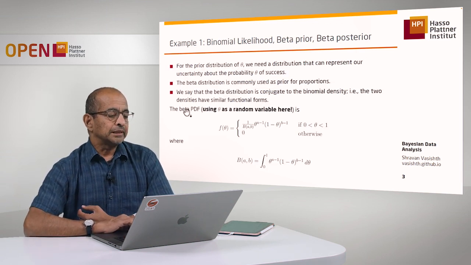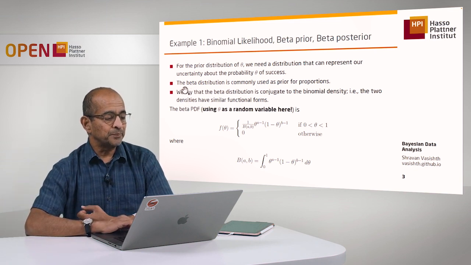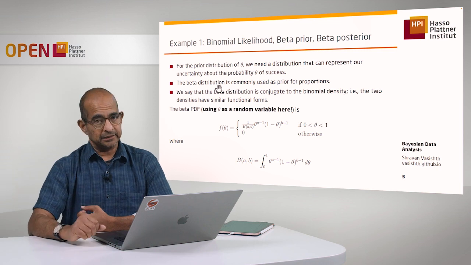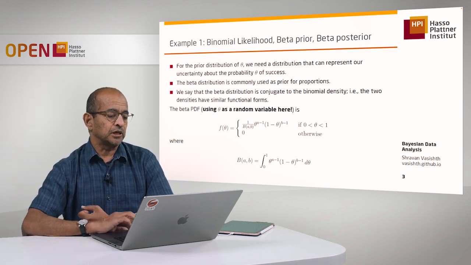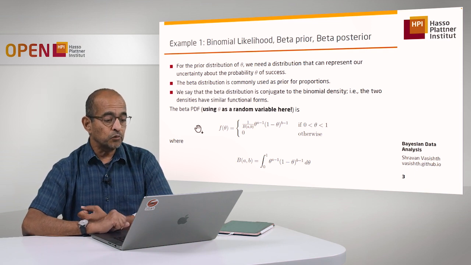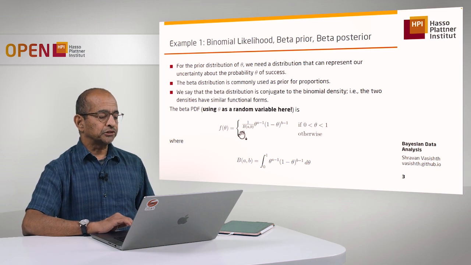Okay, so it turns out that in probability distribution theory, the beta distribution is a very good candidate for using as a probability density function for the theta parameter. It really works very well. Why? Because it has a support that goes from 0 to 1. So what you're seeing here is the beta distribution specified.